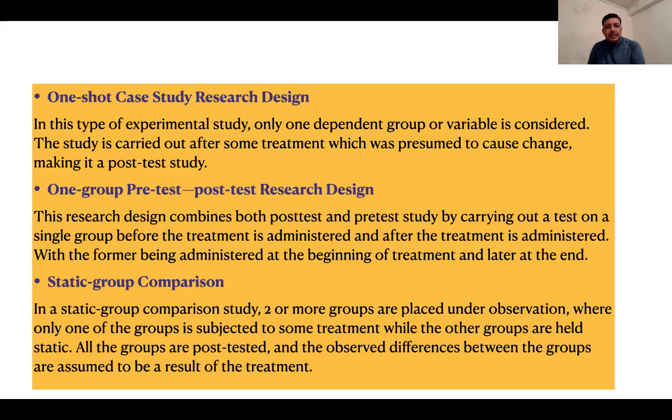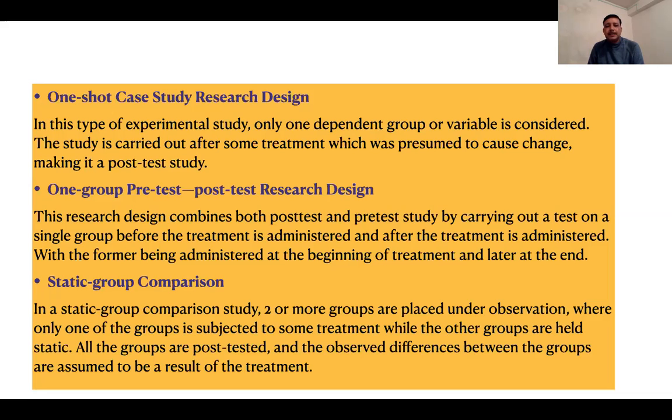In this type of experimental study, only the dependent group or variable is considered. The study is carried out after some treatment which was presumed to cause change, making it a post-test study. Next, the one group pre-test, post-test research design.